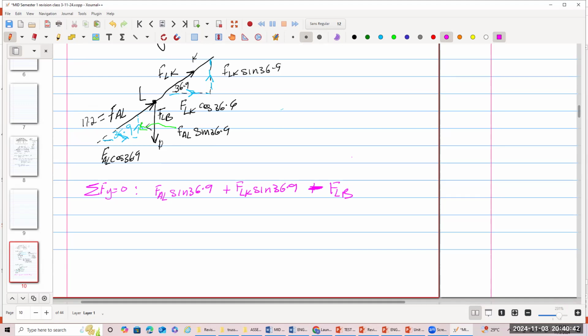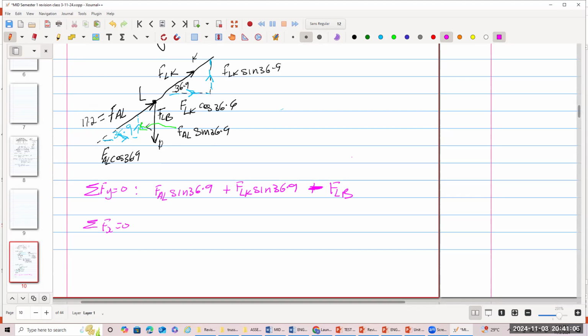So this is it. But guess what? We have LB and LK. Okay, two unknowns. And then you have this other one. Sum of x equal to 0.